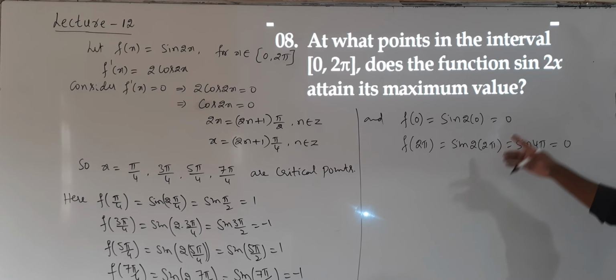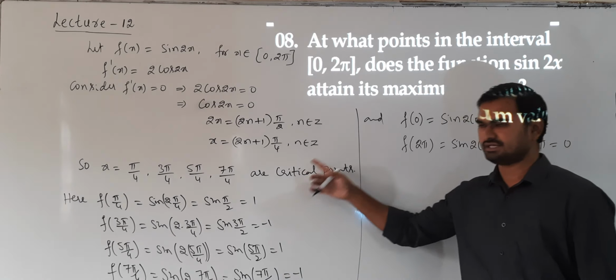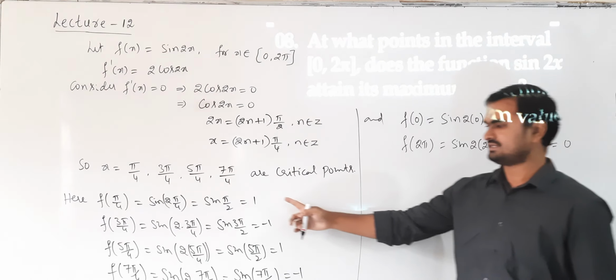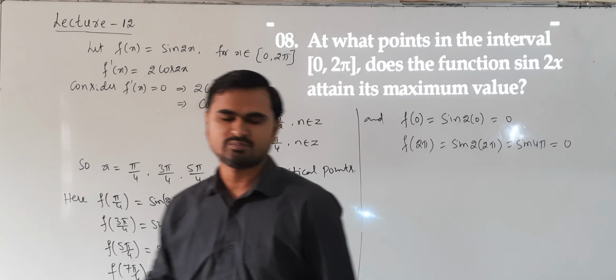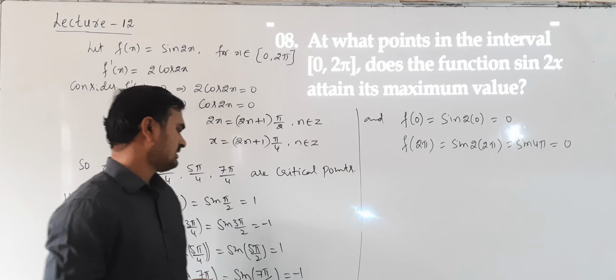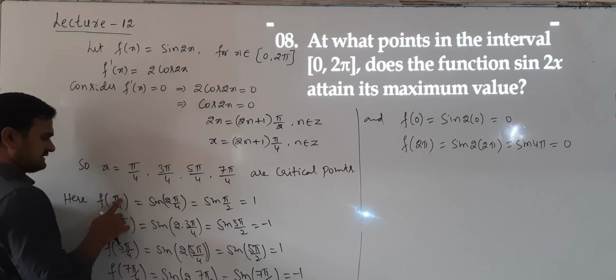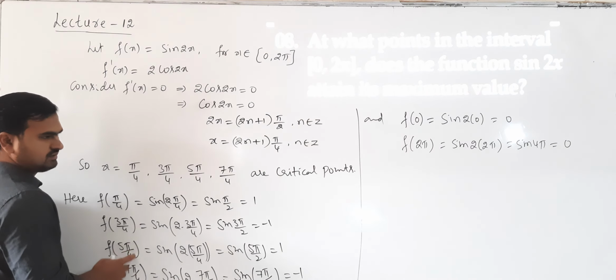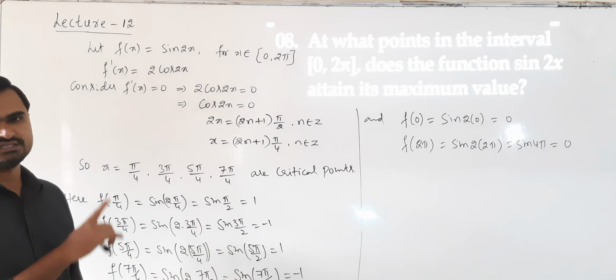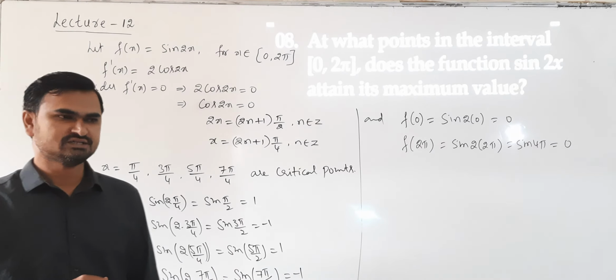So see, out of all this, which one is the greatest? One is the greatest. That is the absolute maximum value. And where are we going to get that? At x equal to pi by 4 and x equal to 5 pi by 4.